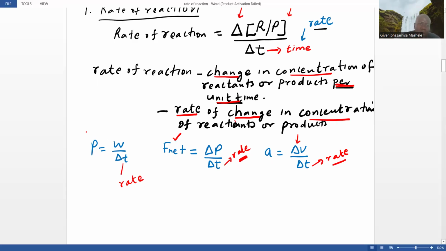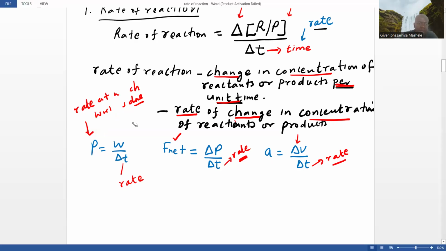So power is the rate at which work is done. So it means any formula that has to do with time, you can use the word rate to define it. Right. So now let's move on. I hope I'm not confusing you. I wanted to address the issue of using the word rate.